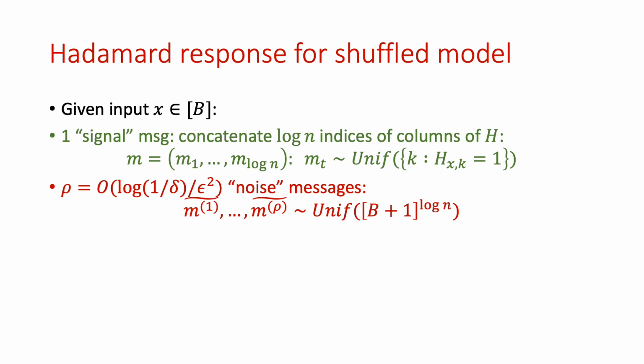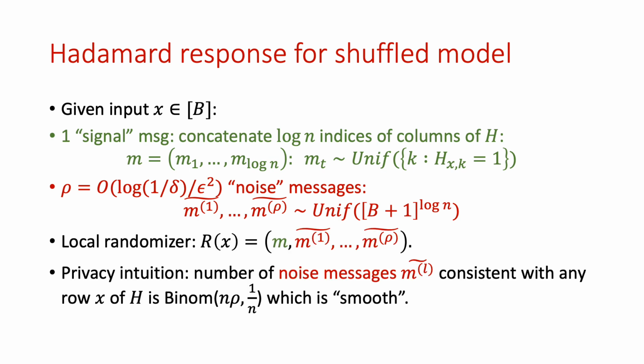Each of these elements is completely independent of x, and they're added purely to preserve differential privacy. So the local randomizer R of x is simply the concatenation of m with m tilde 1 through m tilde rho. And roughly speaking, we have accuracy because we've concatenated enough indices of columns of H in that single signal message in order for the analyzer to determine estimates for frequencies for each element in the domain.